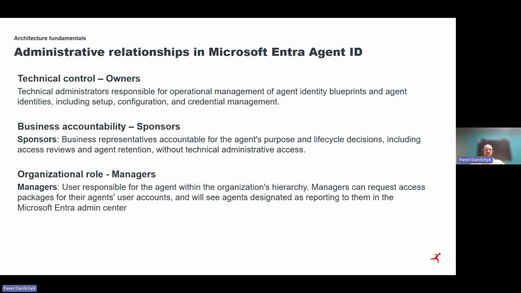Do we need this agent? Do we need a new agent? And how will we improve our agents? Manager is a special role for our agent user accounts. These people become the line managers of our agent user accounts and will be responsible for requesting access for these accounts and overseeing how they work.